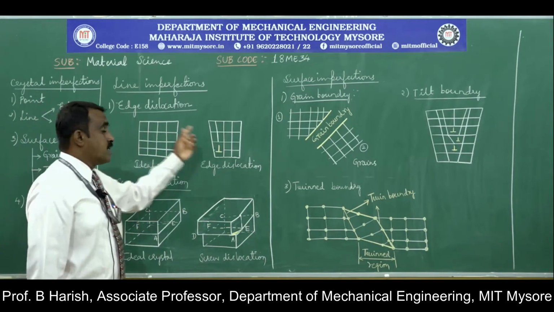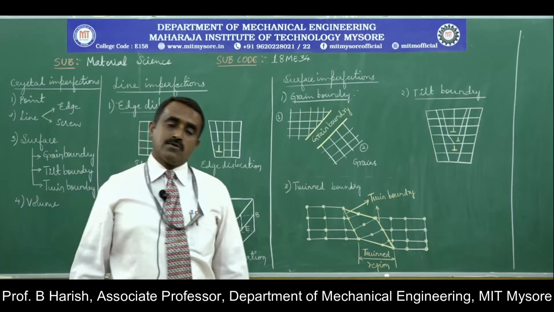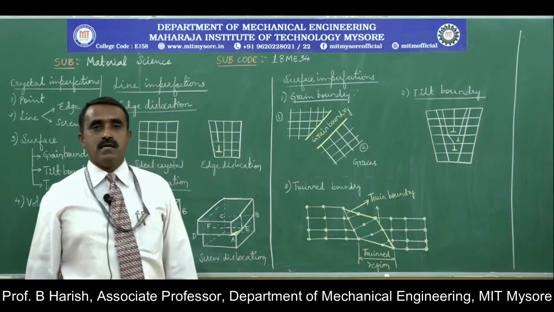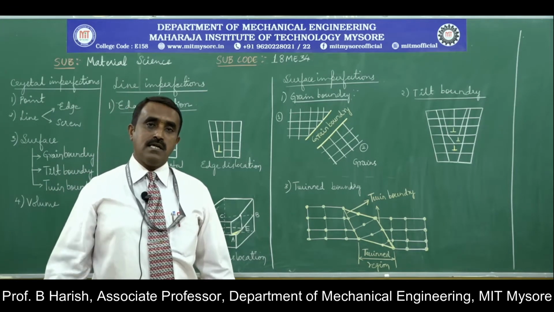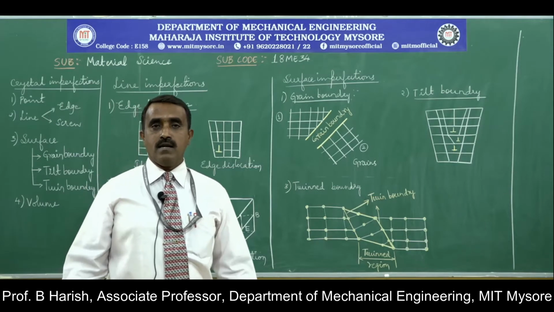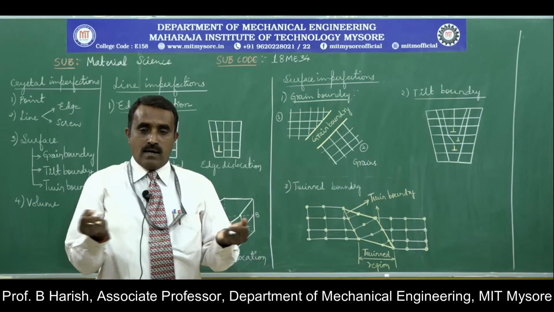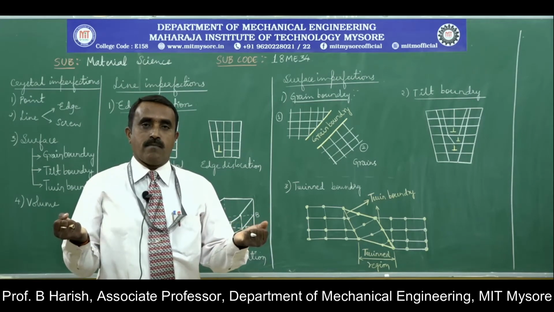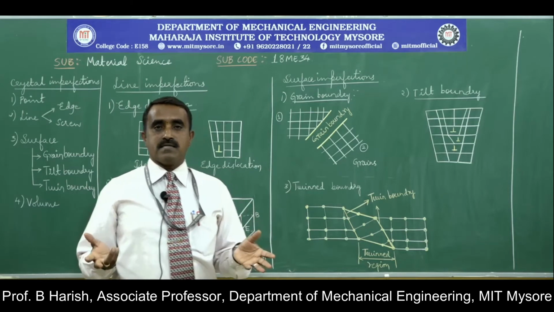This concept of edge dislocation leads to a phenomenon called slip. Slip is a phenomenon due to which plastic deformation takes place. What is deformation? It is a change in shape and size of the given material. When you take a material and apply load, it gets deformed. We have two types of deformation, elastic deformation and plastic deformation.